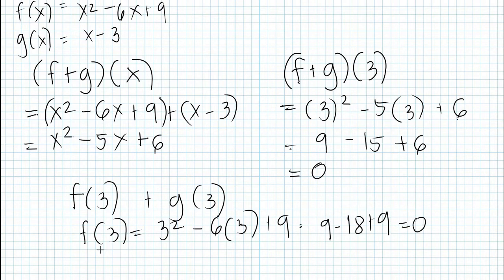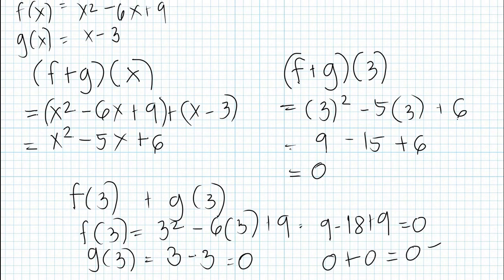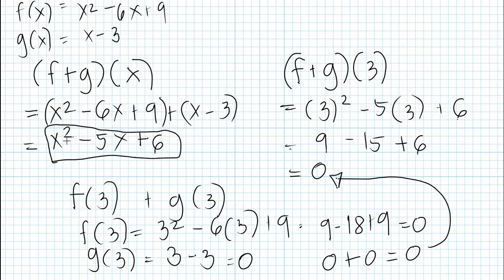And then g of 3 will be 3 minus 3, and that will also be 0. Now if we add these two, we will get 0 as the sum. So that means that our answer for f plus g of 3 is correct, and the function for f plus g of x is also correct.